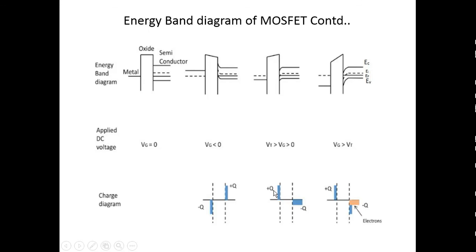So here charges are accumulated on the metal oxide side, but here it is less. That is why, though the silicon bands bend downwards, the device does not start operating. But when Vg is greater than the threshold value of the voltage, the device starts operating.